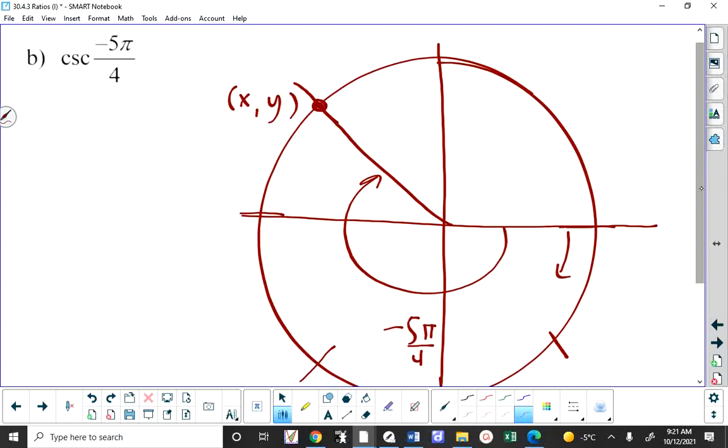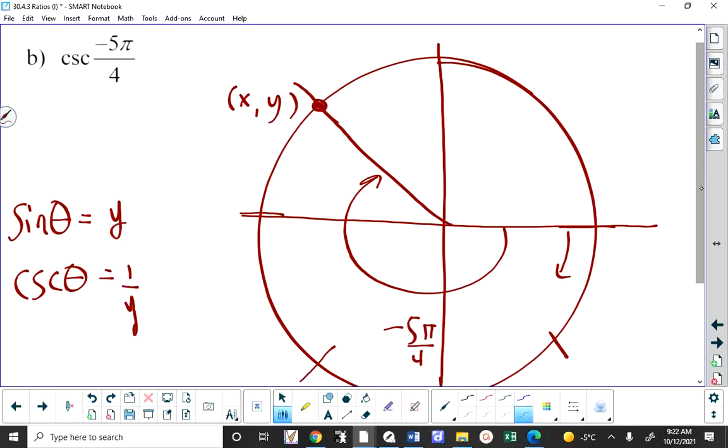So my brain says sine of theta will be y over r, but I'm using the unit circle because I'm familiar with the x and y coordinates on it, which means that cosecant of theta is the reciprocal of y. So we just need to know the y coordinate there.